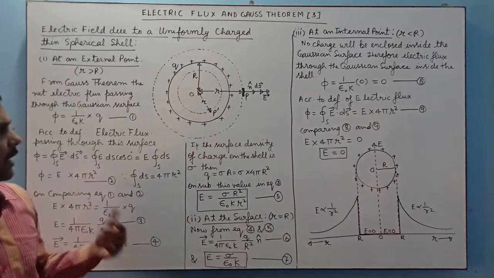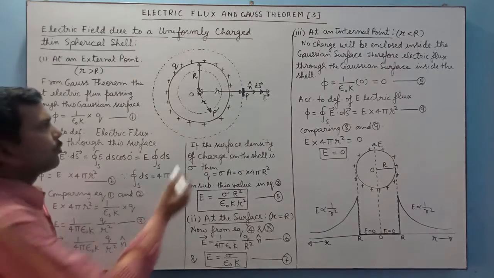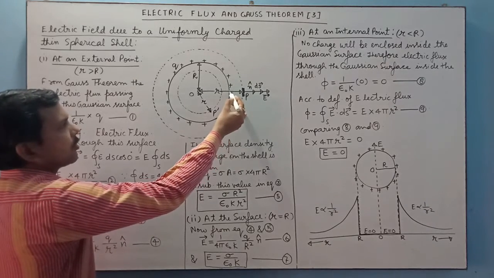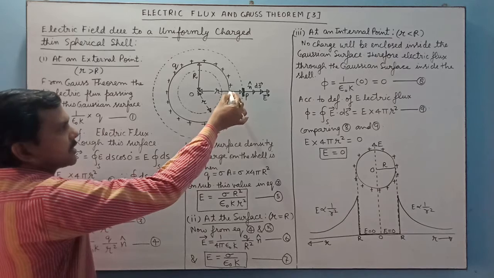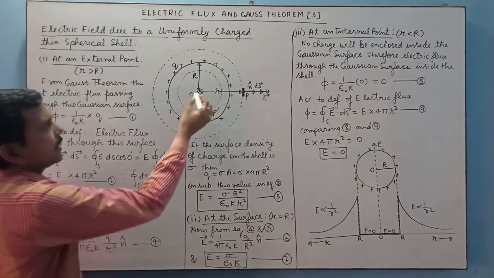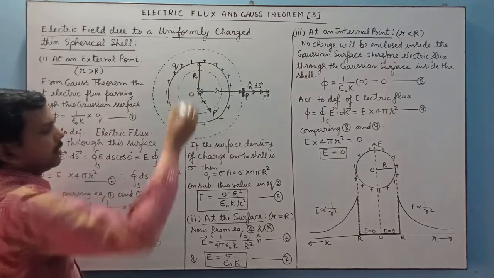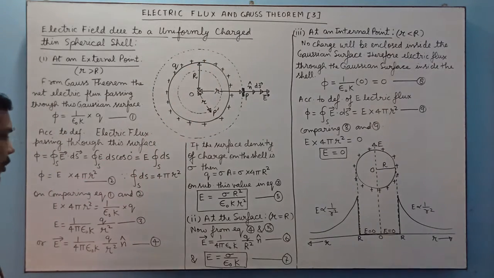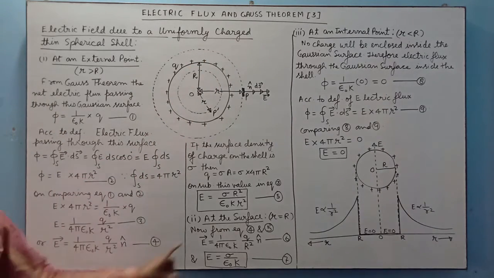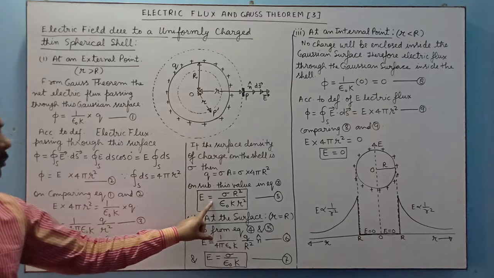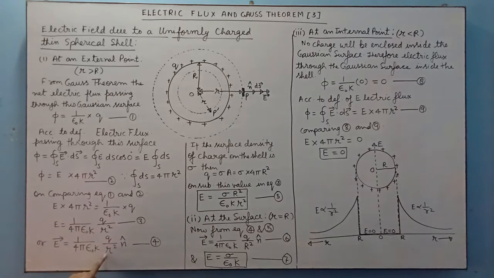Now we will consider another case when this point P lies on the surface of this spherical shell. In this case, this small r will be equal to this capital R. So we will substitute in equation 4 and equation 5 capital R in place of small r.